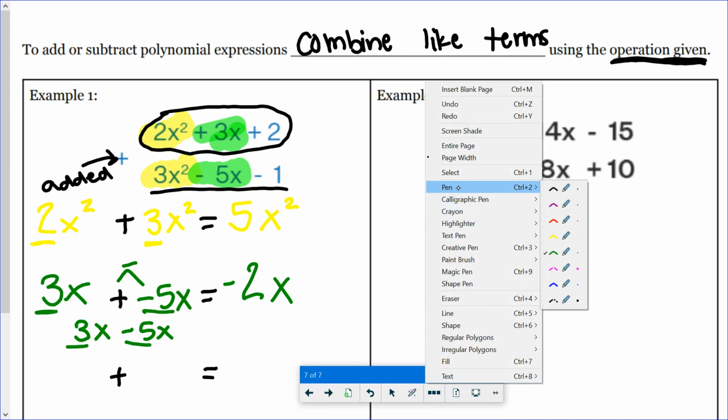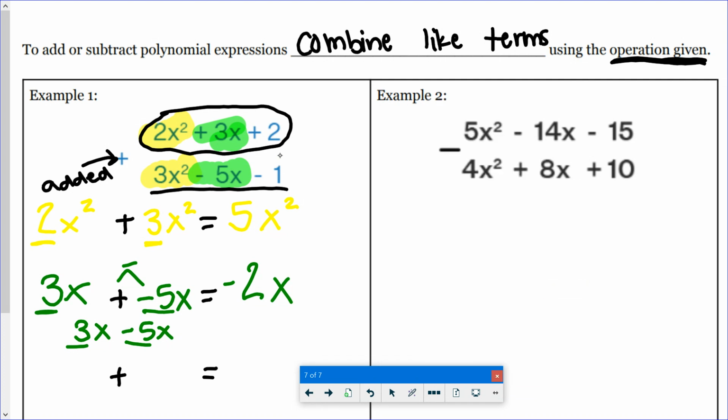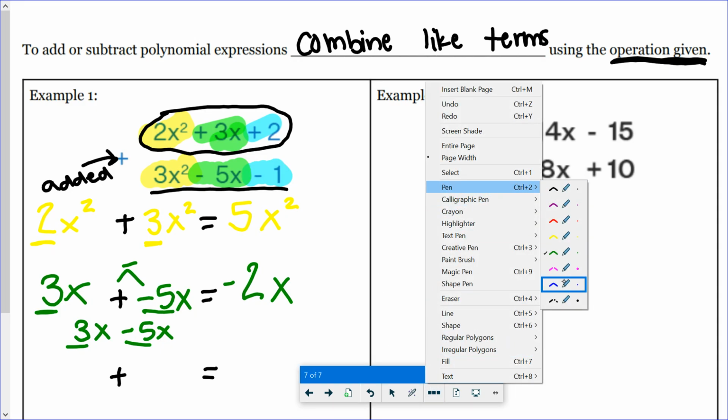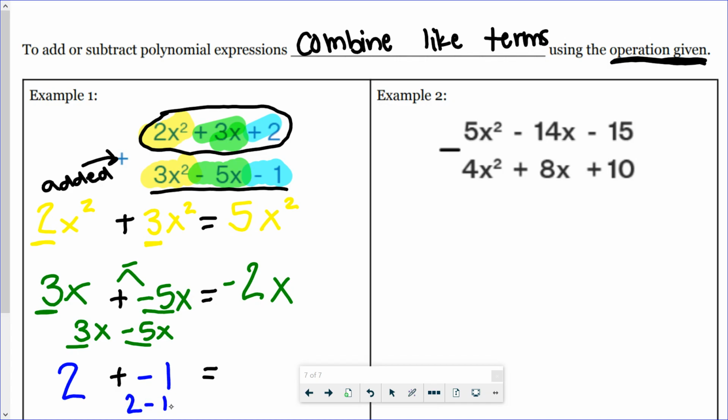And I'm going to do one more for you because we have one more set of like terms. I have plus 2 and minus 1. So I highlighted my like terms so I know where they are and can use them and write them. And now I'm going to do plus 2 minus 1, which is the same as saying 2 minus 1, which is equal to positive 1.